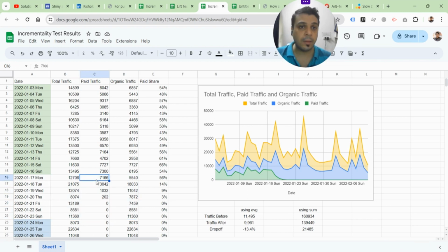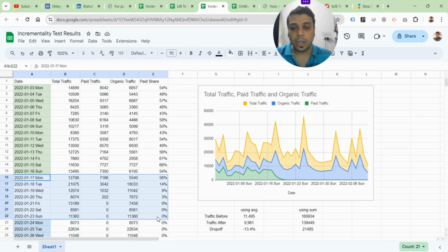Ad stock effect is often an exponential function, or could be geometric, so it takes a while to go away entirely. But nonetheless, this is trying to take into account or offset that impact of ad stock or delayed effect.